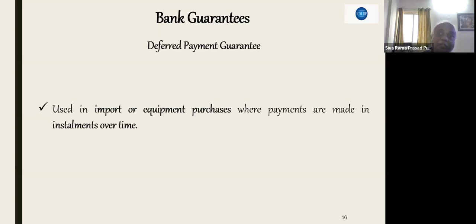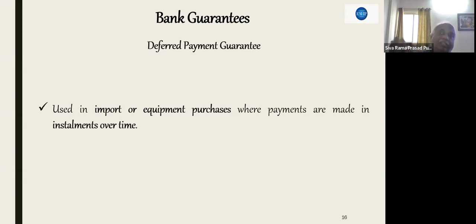Banks are not giving that much fund because their capital is not sufficient to provide big loans, even to infrastructure companies. But banks are giving DPG guarantees for those installments.